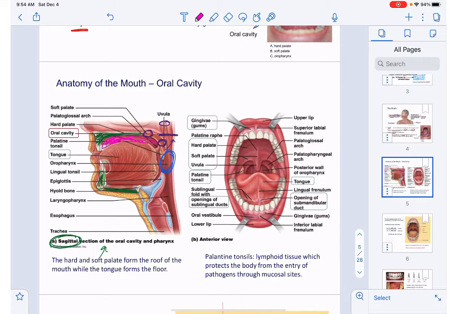Just that little space represents the oral cavity. Now, what's this big, large structure that's taking up most of this space in the oral cavity? That's the tongue, the big muscular tongue.